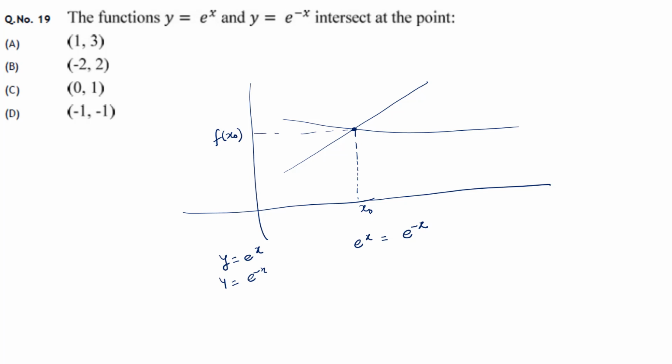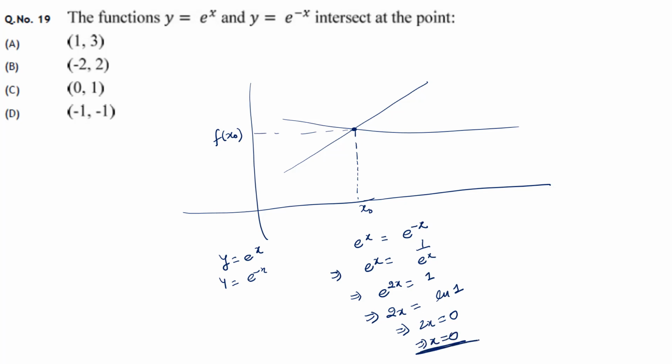How can you find it? If you equate this, we can write it as 1 by e to the power x. So this implies e to the power 2x equal to 1. We take ln on both sides. So 2x equal to ln 1, and we know ln 1 equal to 0. So 2x equal to 0. This implies x equal to 0.